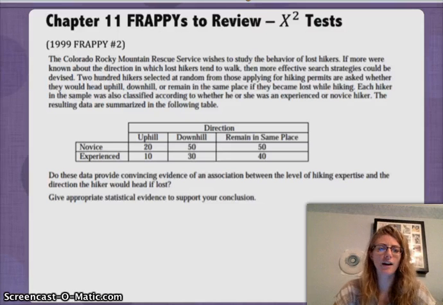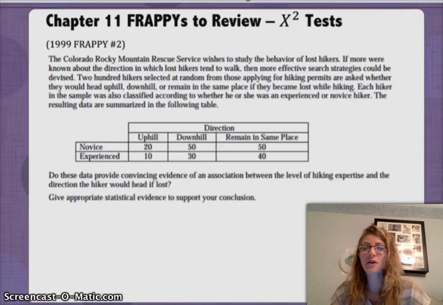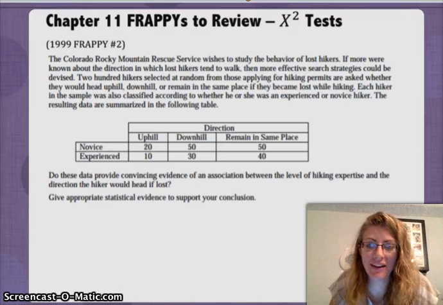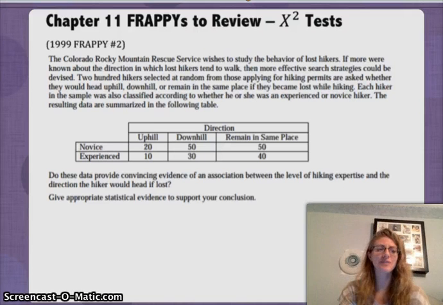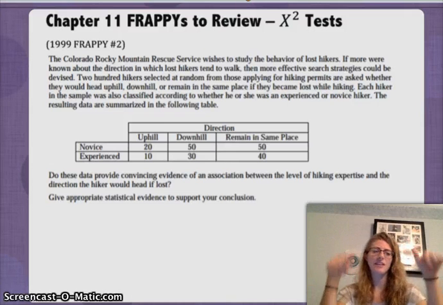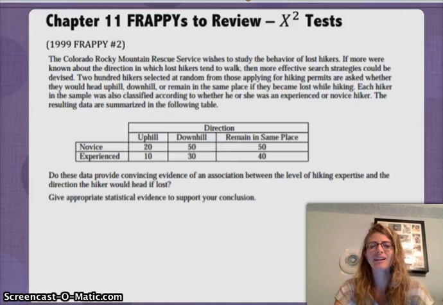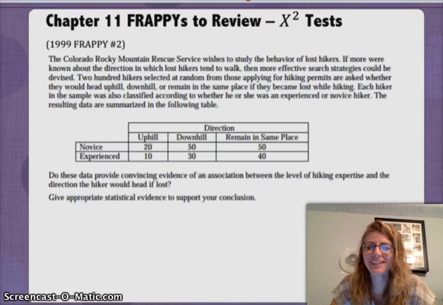All right, let's try some examples. This is a free response problem from 1999. But the cool thing is that it's about the Colorado Rocky Mountain Service, which is cool because we're here in Colorado. Okay, anyways, they want to study the behavior of lost hikers.